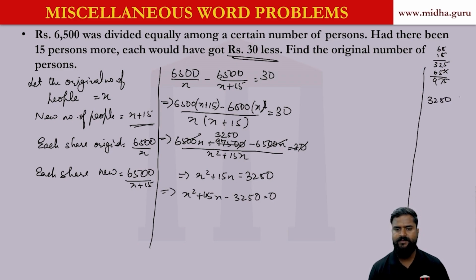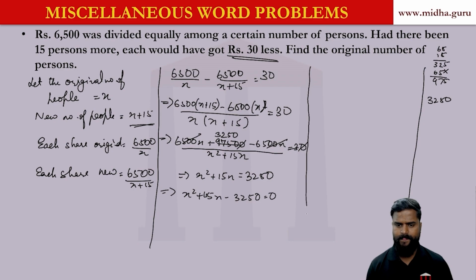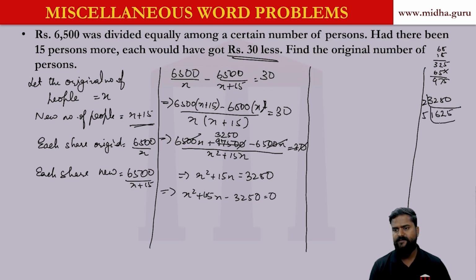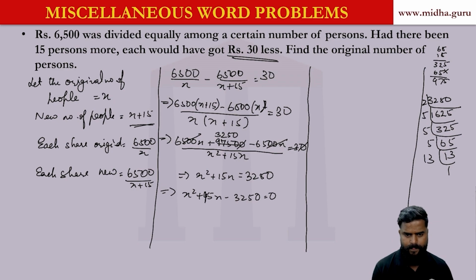So we'll factor 3250. 2 will give 1625. 5 will give 325, 5 will give 65. And I have to form 15, right? So 65 minus 50.